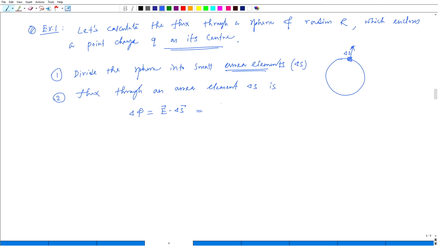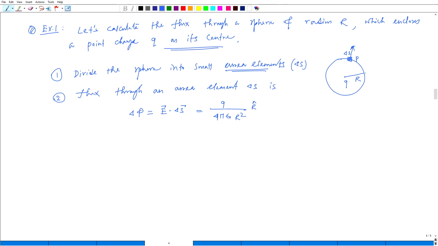Now we know the electric field for a point charge. If we place a point charge at the center and the radius is r, let us consider the point P on the surface of the sphere. The electric field at that point is q over 4 pi epsilon naught r square, in the direction r cap.